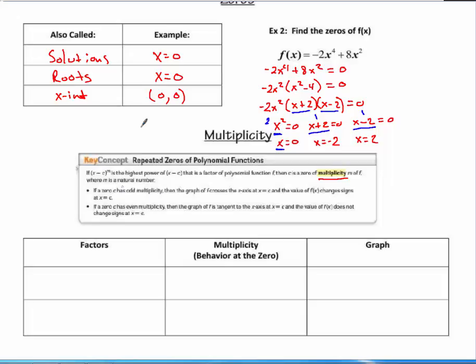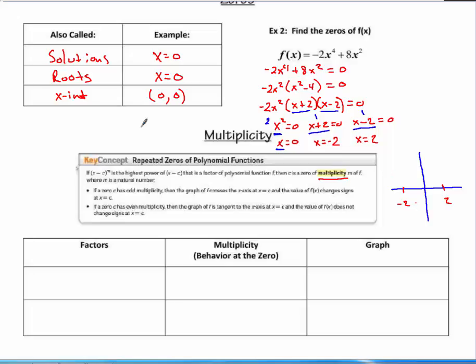It's hard to read right here, but it says if a 0 has odd multiplicity, so that's these two, then the graph of f crosses the x-axis at x equals c, and the value changes signs at x equals c. So what that means on this graph specifically is when x equals 2 and x equals negative 2, this graph is going to go through those points.